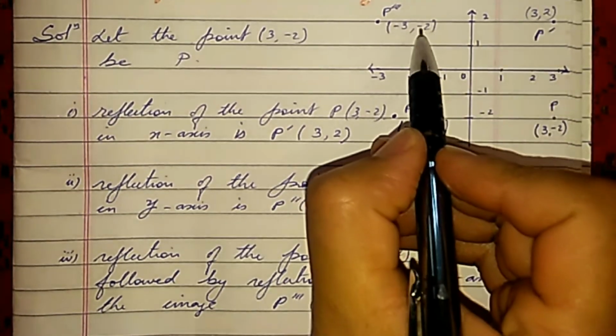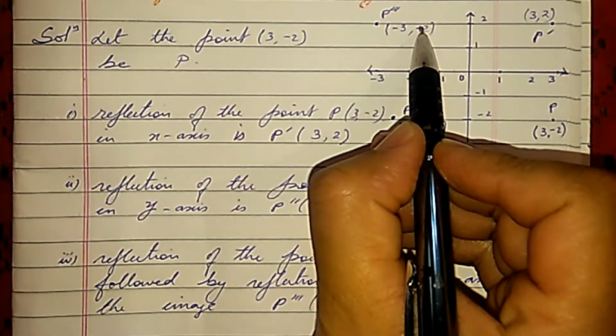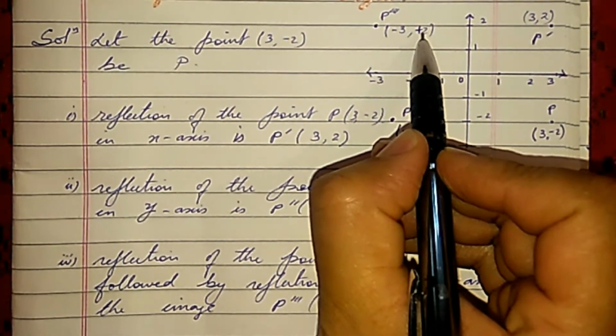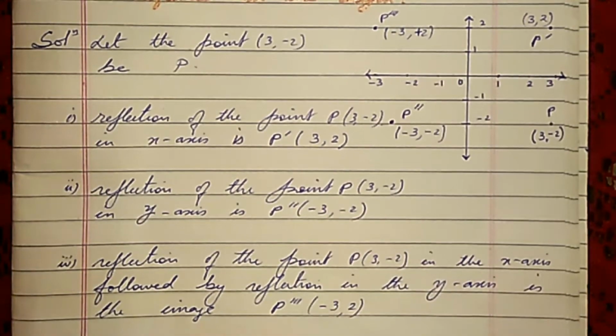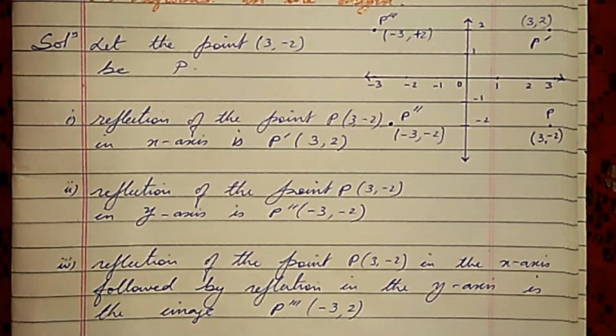When this is reflected, the y-coordinate remains unchanged and the x-coordinate becomes -3.